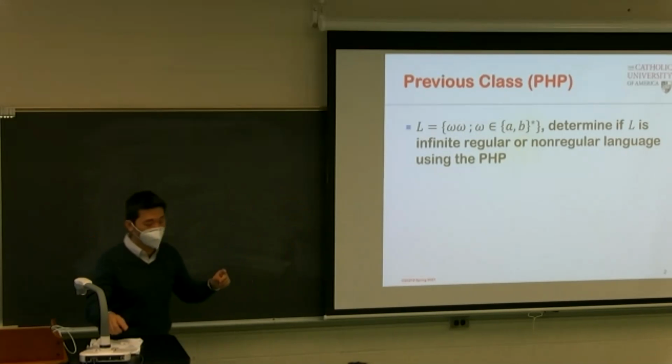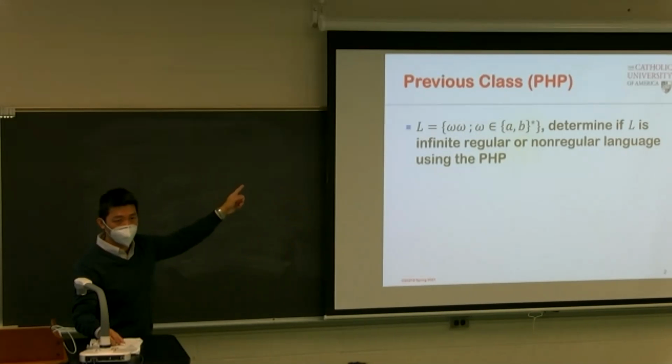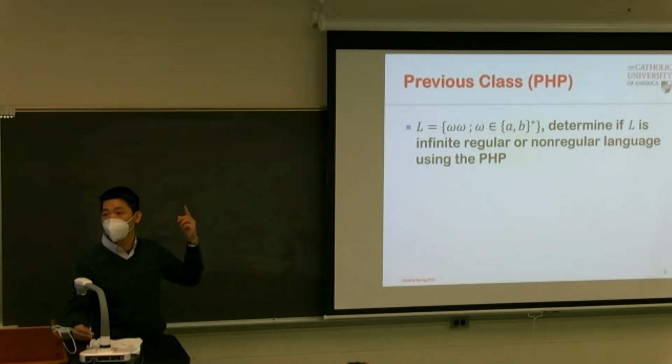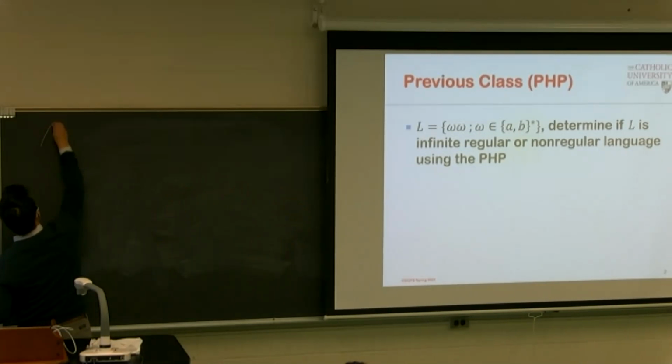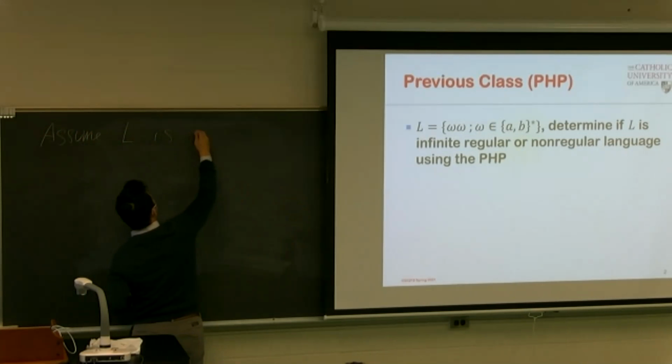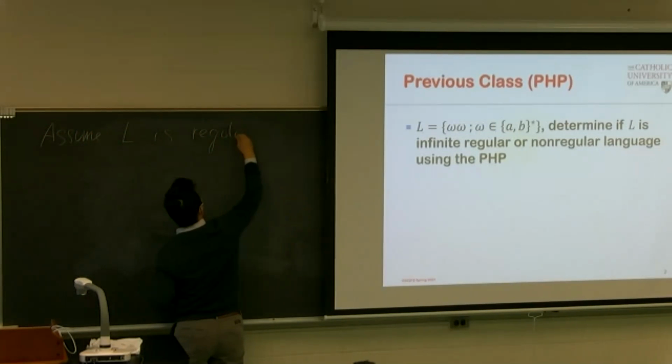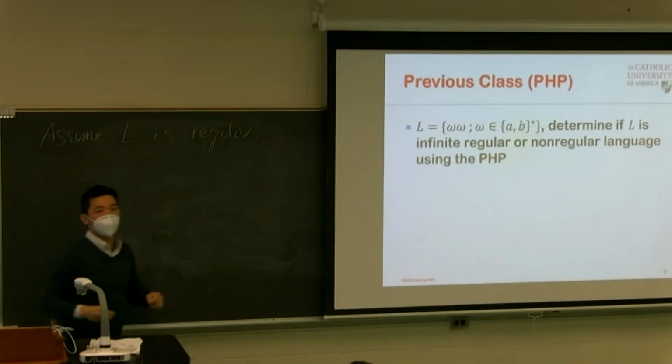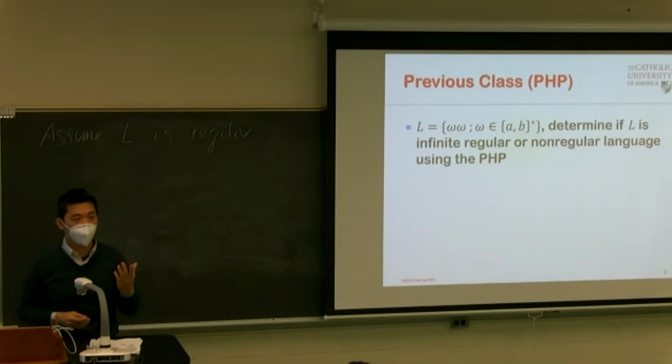First thing we do here is assume by contradiction that L is regular. If L is regular, then what?